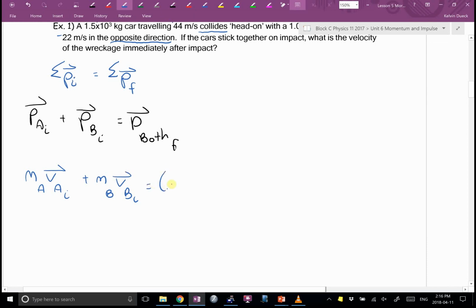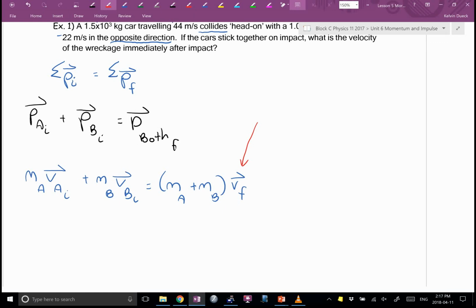And then both is going to be in brackets A plus B, V final. Mateo, what are they asking me to find? Velocity. Which one? V final. Look up. How do I get the V final by itself? By dividing by the bracket.